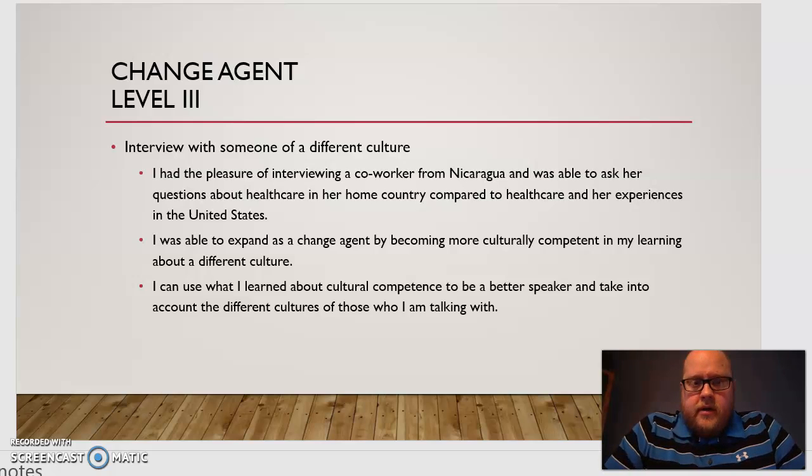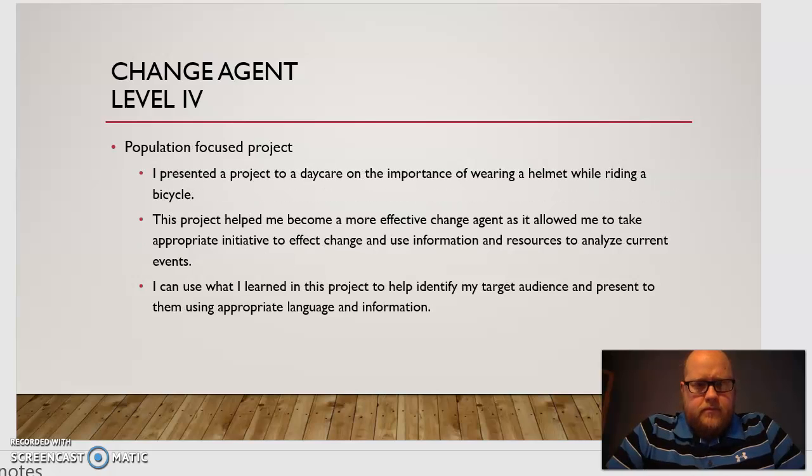I had the pleasure of interviewing a coworker from Nicaragua and was able to ask her questions about healthcare in her home country compared to healthcare and her experiences in the United States. I was able to expand as a change agent by becoming more culturally competent in my learning about a different culture. I can use what I learned about cultural competence to be a better speaker and take into account the different cultures of those who I may be talking to.